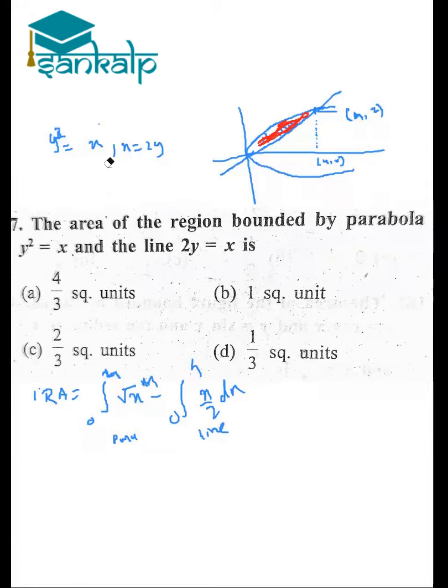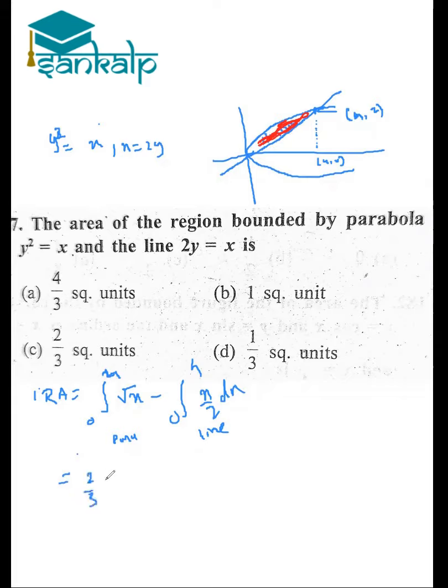Okay, so y square is equal to x is the parabola, x is equal to 2y. On simplifying, we get root x minus 0 to 4 x by 2 dx. So simplifying these two integrals, we get the required area. So the required area is equal to root x. Root x will be x raised to 1 by 2.